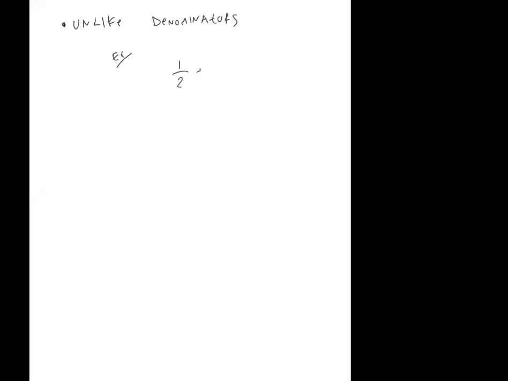1 over 2 plus 2 over 3. What is it that we're really doing here? We're multiplying the first one by what? 3. First one we multiply by 3. And the second one we multiply by what? 2. All right.